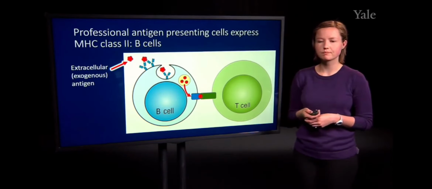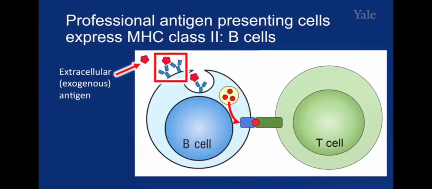The way that this will be facilitated is through recognition of extracellular or exogenous antigens through the B cell receptor, which will be taken up and then presented on MHC class 2 to communicate with T cells.